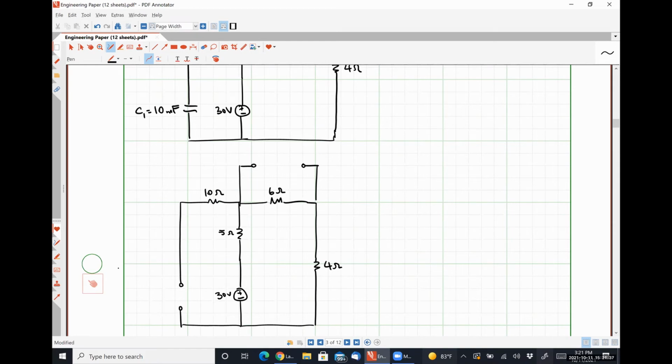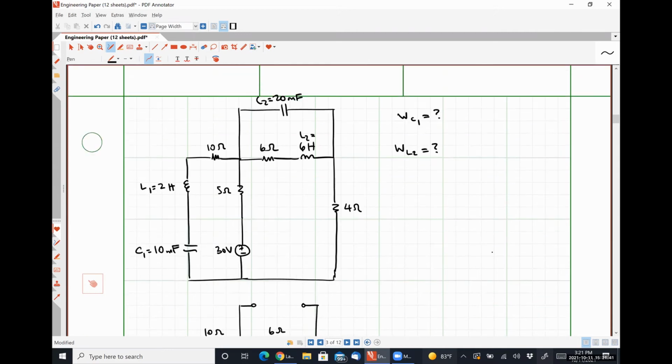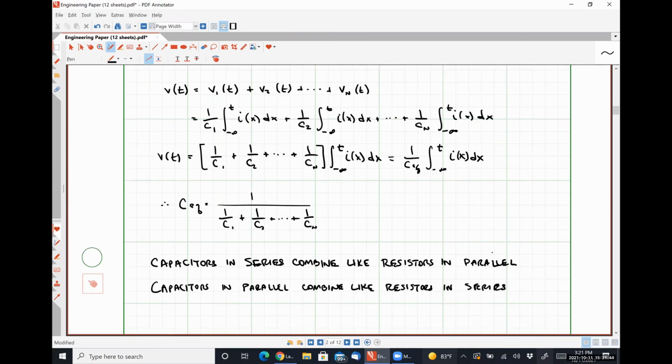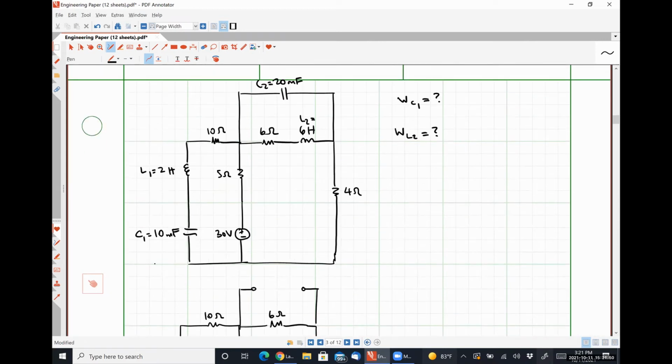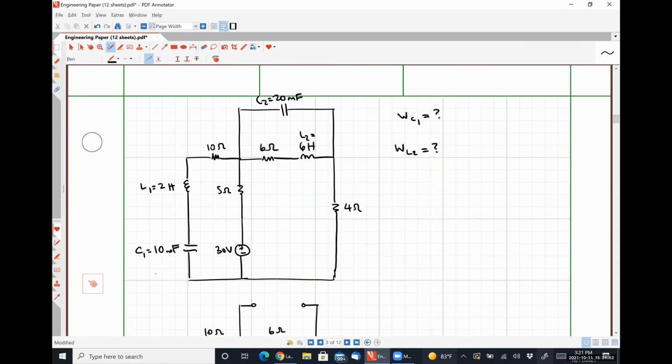So let me ask a slightly different question, okay? I'm going to scroll back up here for a moment. If I want to determine the energy stored by a capacitor, what quantity do I need to know? The voltage drop across the capacitor, right?